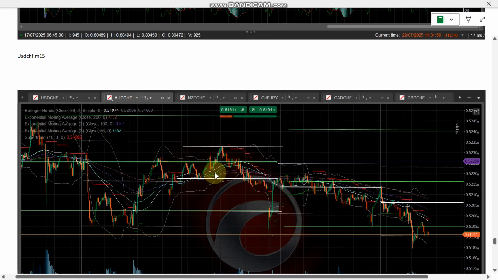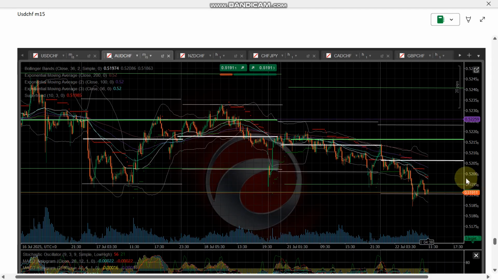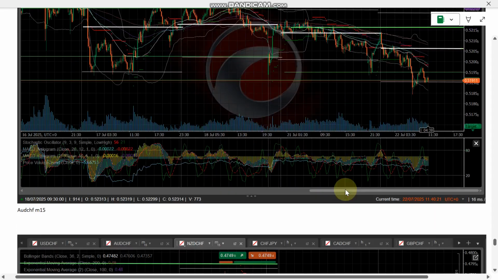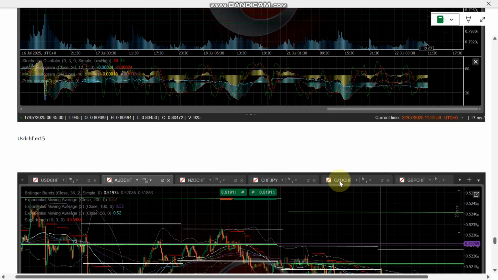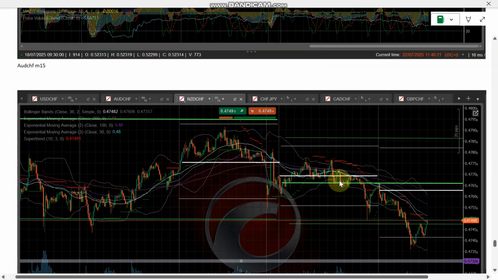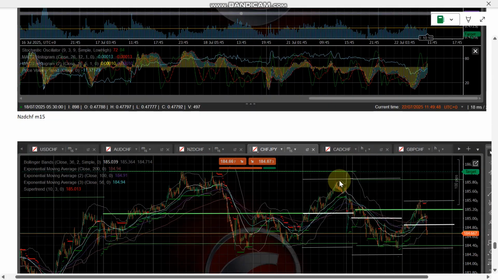All this 15 minutes now. This is 1 hour. Beneath 4 hours. I don't know if this is the time to buy or not, but if this is strong. New Zealand Swiss franc, the next one. All of this is drop. Correlation. So they go back up.